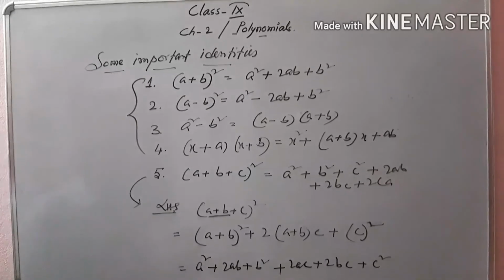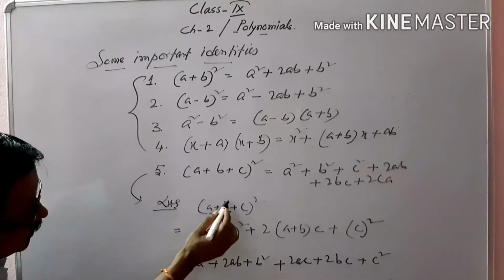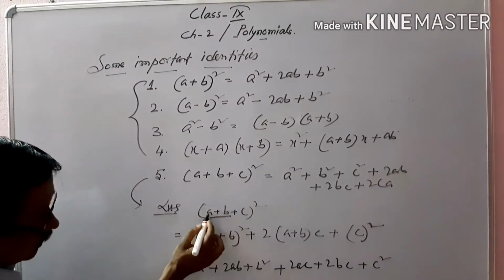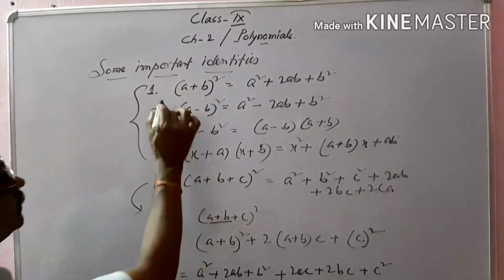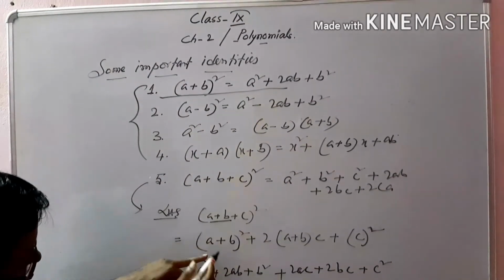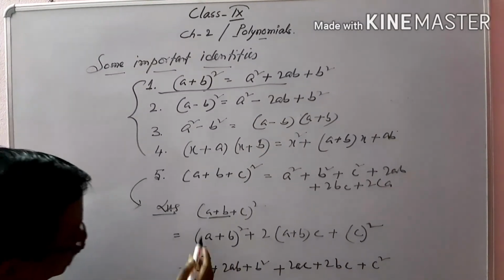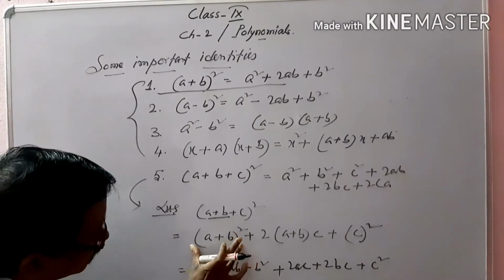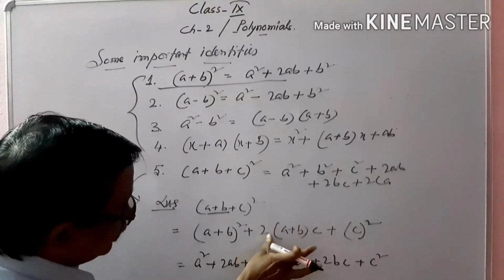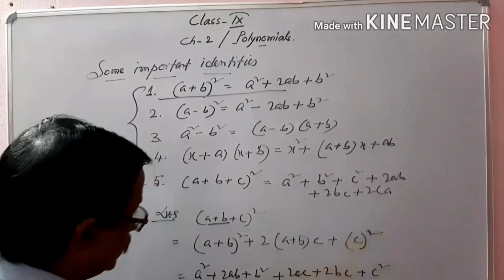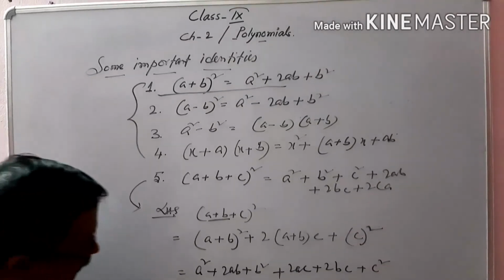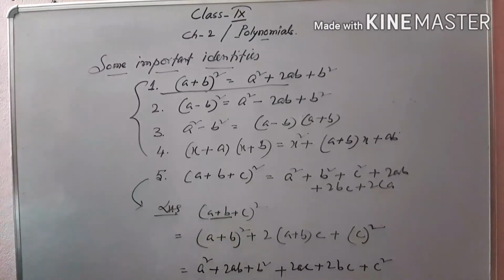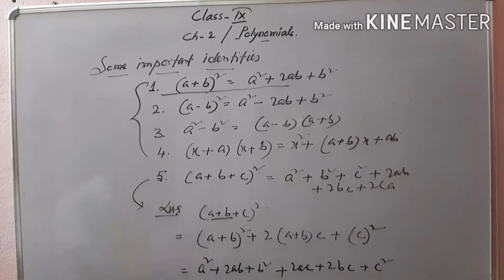Just remember, where there are two terms, we have taken them together as only one. So by using this identity and again using this formula, we get it, so that means it is verified. We can verify it that way, okay.